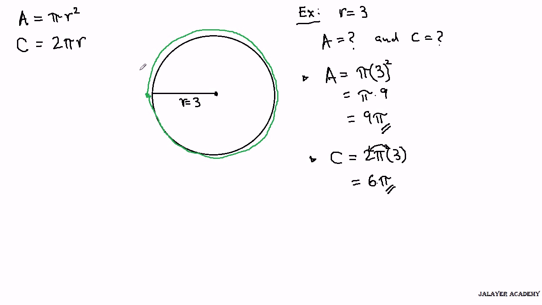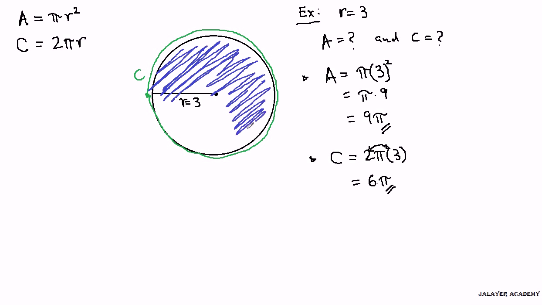This is the circumference, right? Our circumference is 6 pi. And then our area, we'll use blue here, is this part in here. All this shaded region inside here is 9 pi.